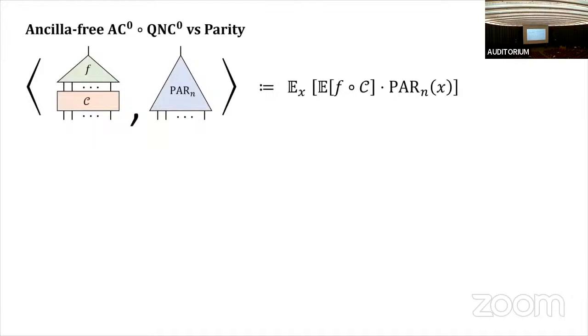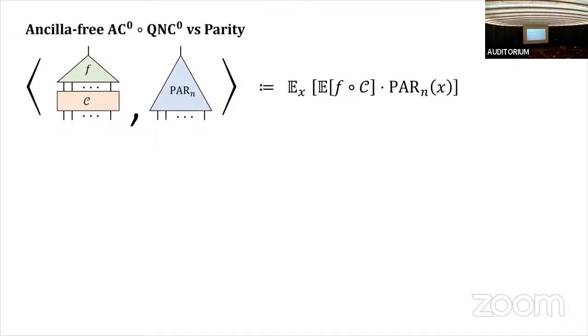Okay, so the proof of this first row, when we assume that QNC0 has no ancilla, is actually, there's kind of a brief visual proof of it. So I'll present this now. I'm going to use this pictorial notation on the left-hand side here.